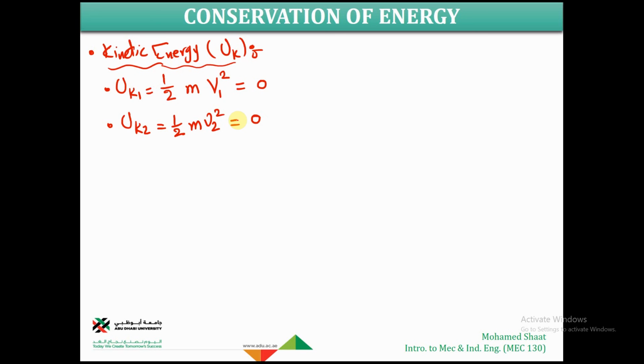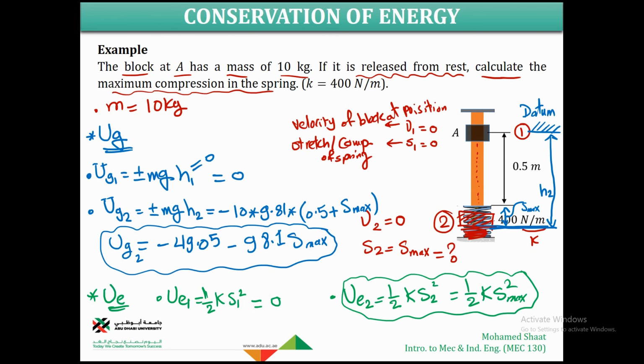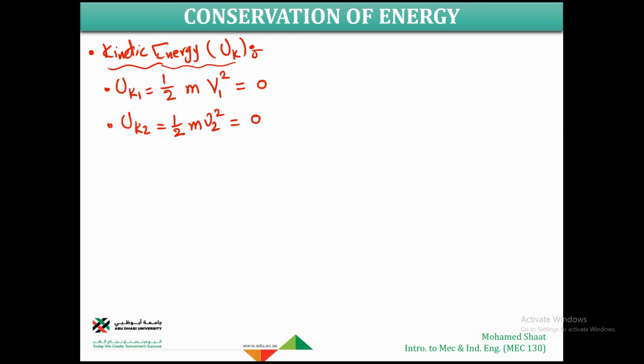So as you can see, the object started with a 0 kinetic energy, and it ended up with a 0 kinetic energy as well. But the question is, what does it mean? First of all, what does a 0 kinetic energy mean? A 0 kinetic energy means that the object has no motion. The object doesn't move. But as you can see here, the kinetic energy at position 1 is 0, and then at position 2 it became also 0.